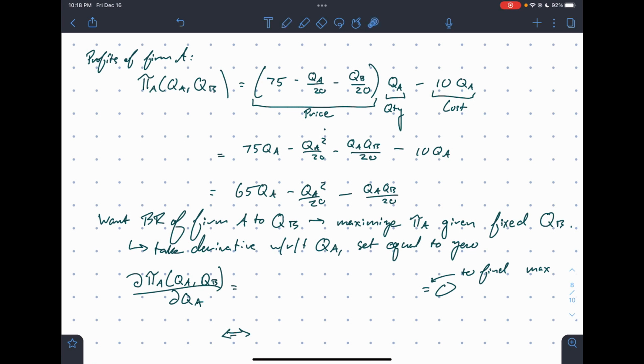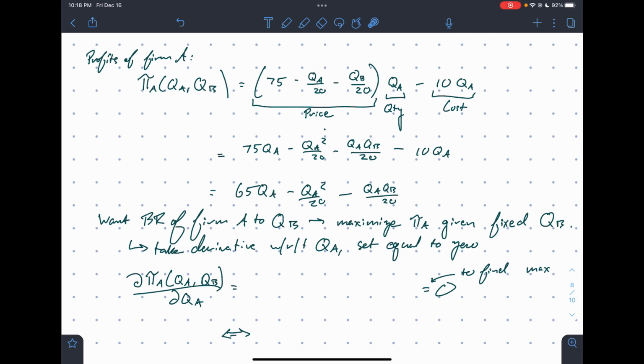What this tells me is the profit given QA and QB. I want to maximize the profit subject to the choice of firm B. So I'm going to take the derivative with respect to the quantity of firm A and set that derivative equal to 0. That's how I find a maximum.